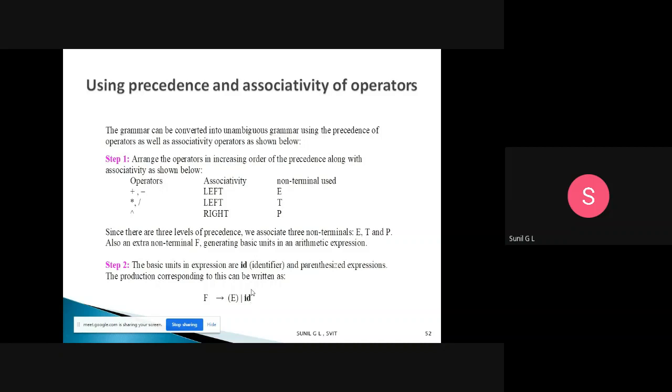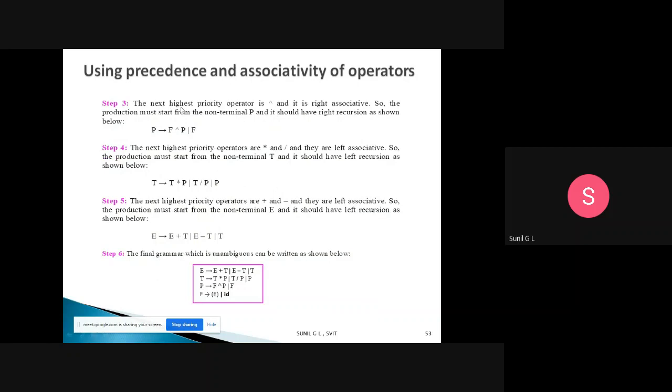After writing this, the next step is to find which operator has the highest priority. Here the square symbol has the highest priority, and it is right associative.